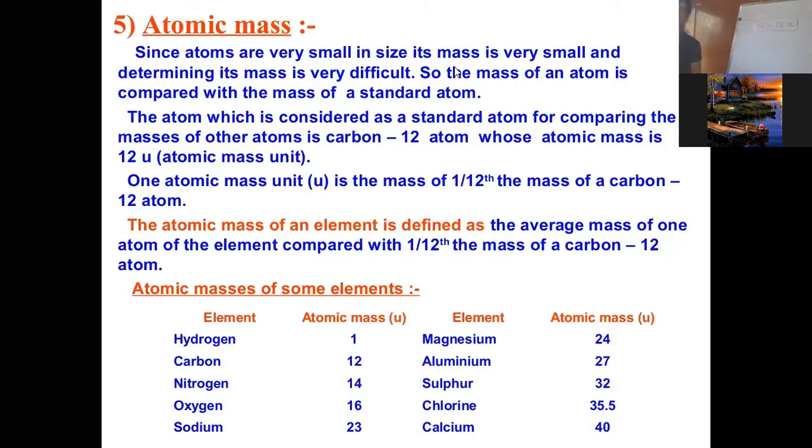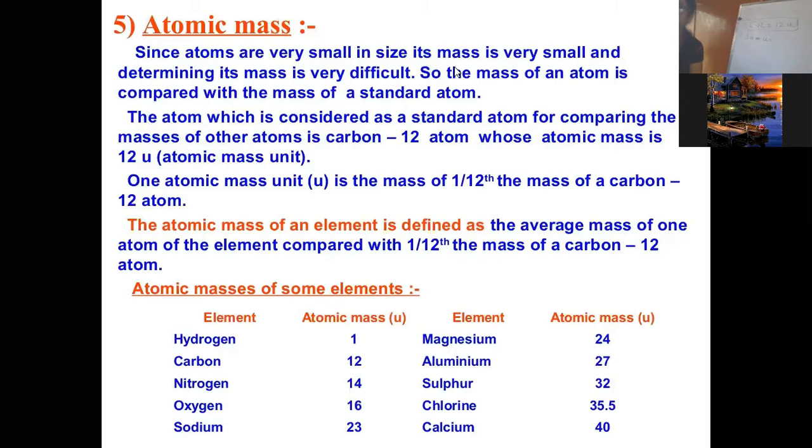Then what is a 1 unit mass? What is one atomic mass unit? As per the definition, atomic mass unit is defined as 1 by 12th of the mass of the atom of carbon C12 isotope.